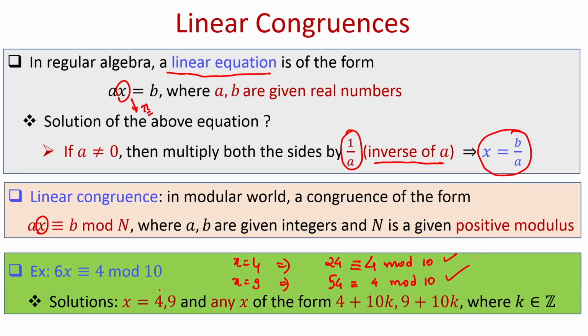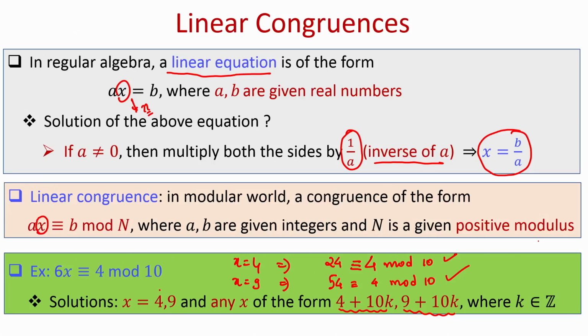And it is not the case that these are the only solutions. You have infinite number of solutions. That means, any number of the form 4 plus 10 k, where k can be either positive or negative, will also satisfy this linear congruence. In the same way, every number of the form 9 plus 10 k, where k can be either positive or negative, will also be a solution of this linear congruence. So, that is an interesting thing.